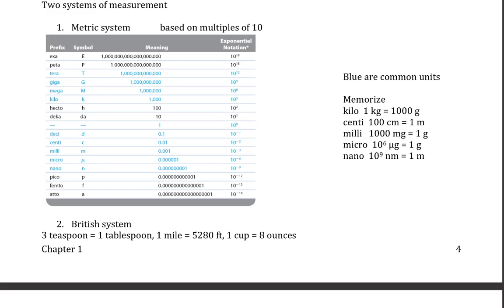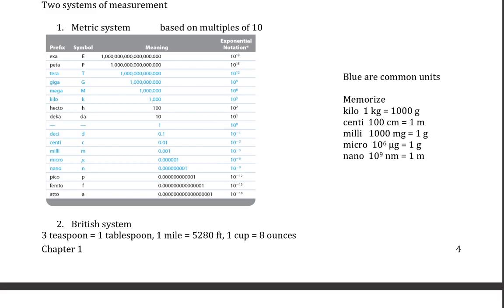So 1 kilogram is 1,000 grams. 1 kilometer is 1,000 meters. So whether we're working in grams or meters, we have the same conversion when going from the base to kilo. That same is true, of course, going down.